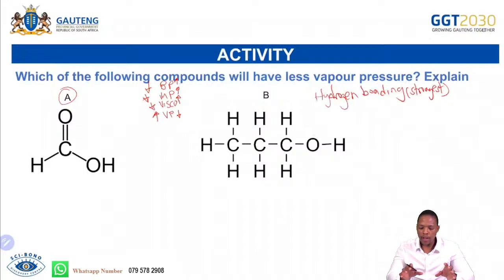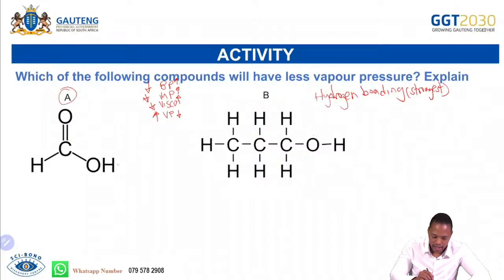So how are we going to differentiate between the two? Remember, they do not have the same site. As you can see here, these hydrogen here and these oxygen here, they can be what?